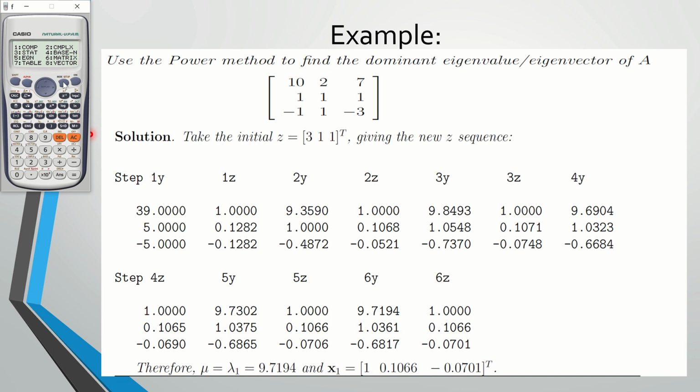So we go to setup and then we go for matrix 6. Okay, and then let's suppose we go for 1. We want to have matrix 1, 2 by 3, which is 10. And then I'm having 2, I'm having 7, then I have 1, 1, 1, minus 1, 1, and then minus 3.